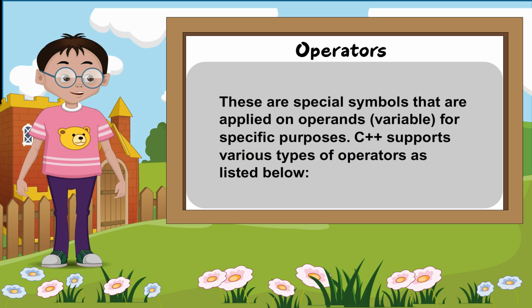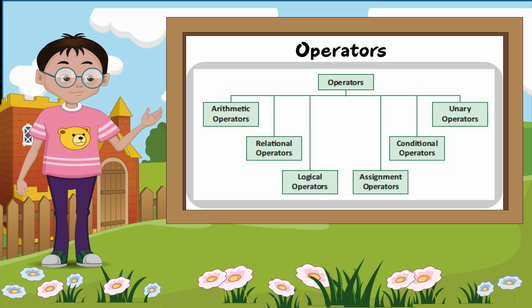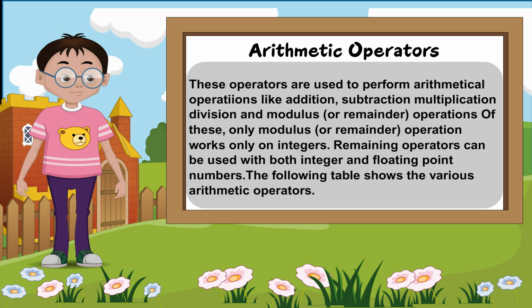Operators. These are special symbols that are applied on operands or variables for a specific purpose. C++ supports various types of operators as listed below: arithmetic operators, relational operators, logical operators, assignment operators, conditional operators, unary operators. Arithmetic operators.